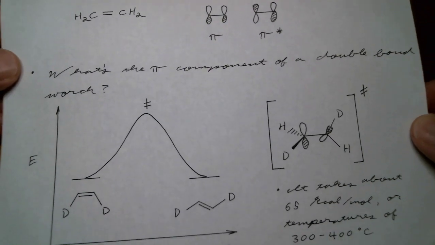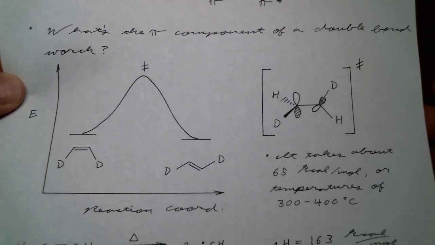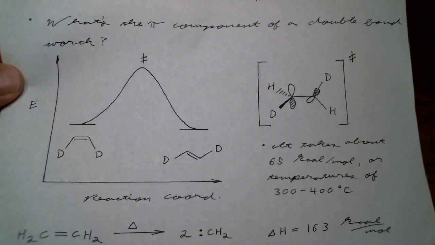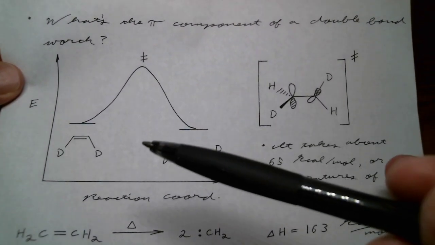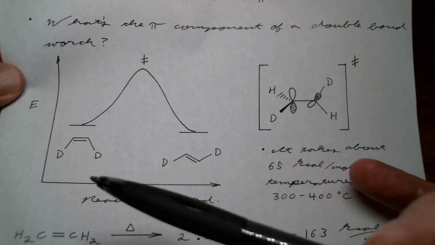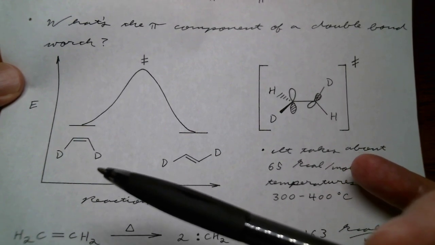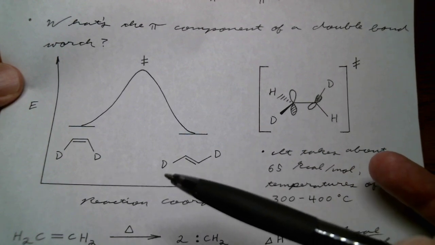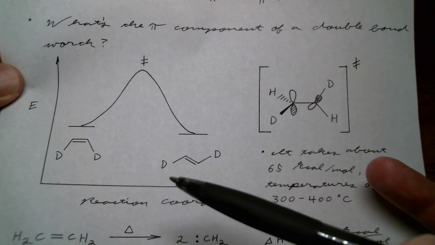What's the pi component of a double bond worth? I know this is a question that you've been waiting to have answered. And so here we have a cis-deuterium substituted version of ethylene, and here we have the trans-deuterium substituted version of ethylene.